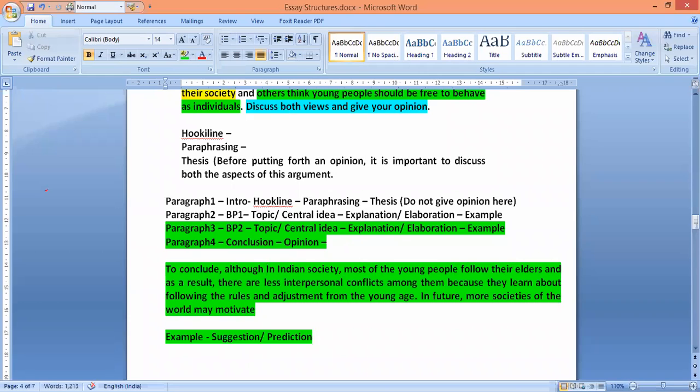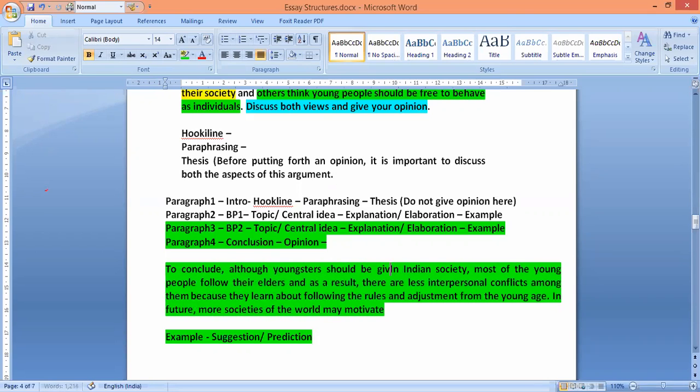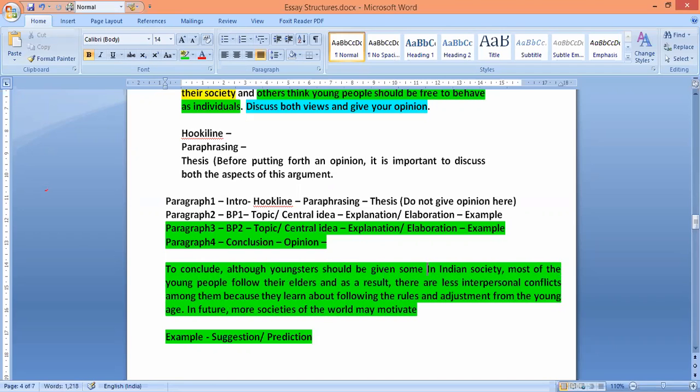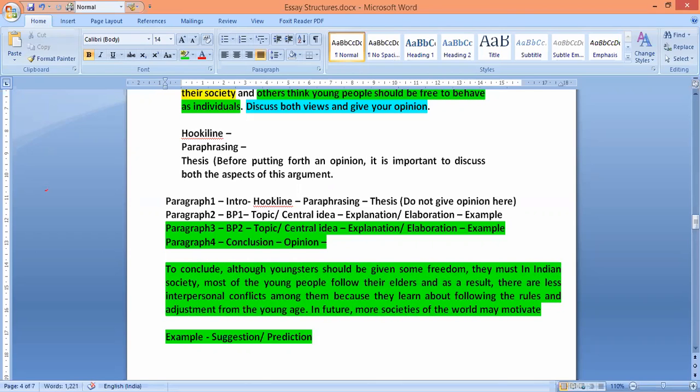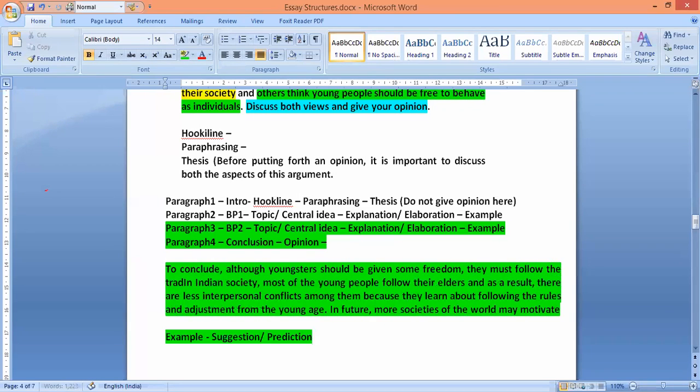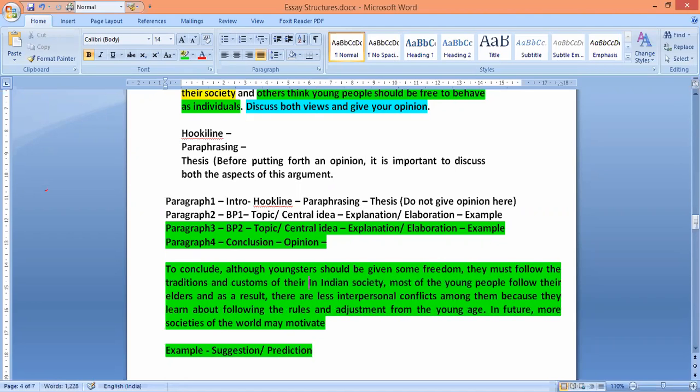Although youngsters should be given some freedom, they must follow the traditions and customs of their culture, their elders.